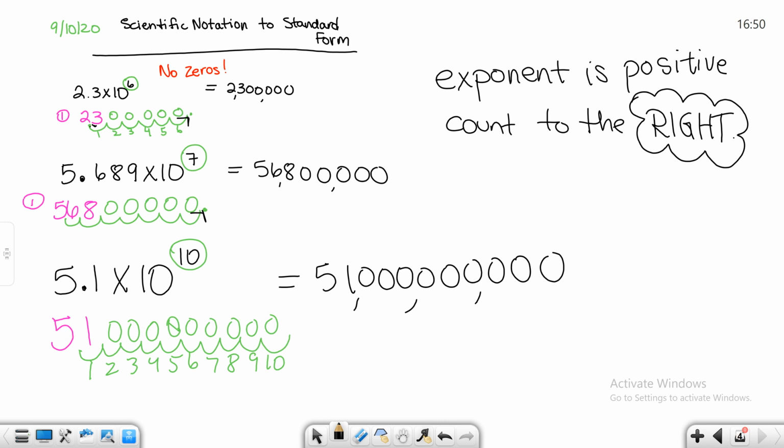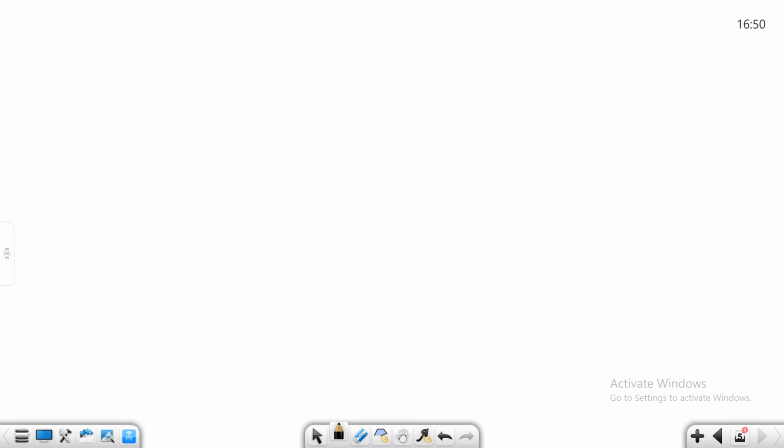In the same way, I'm going to look at my very small numbers that are in scientific notation. 1.760. Well, I don't need that zero. 1.76 times 10 to the negative 4.